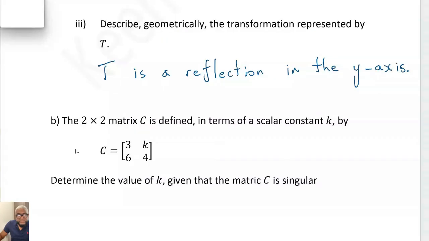The 2 by 2 matrix C is defined in terms of a scalar constant K by this, right? So the 2 by 2 matrix is 3, K, 6, and 4. Determine the value of K given that the matrix C is singular. What does it mean when a matrix is singular?